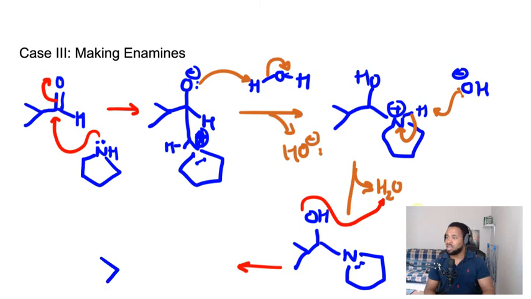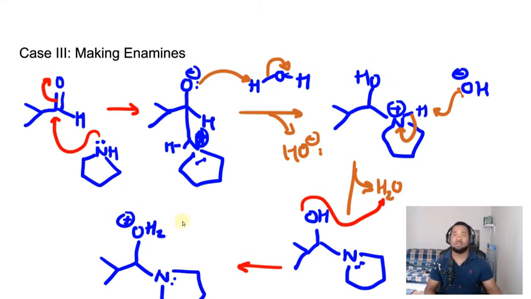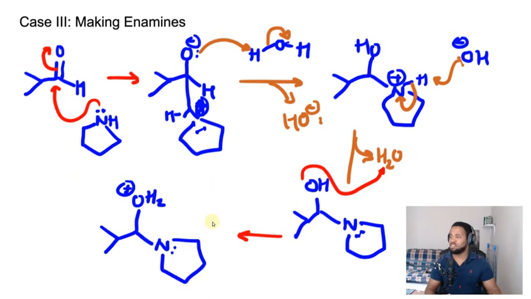We have two hydrogens with the oxygen, and we have a positive charge, making that a good leaving group, and therefore we have our nitrogen with our cyclic form present right there.